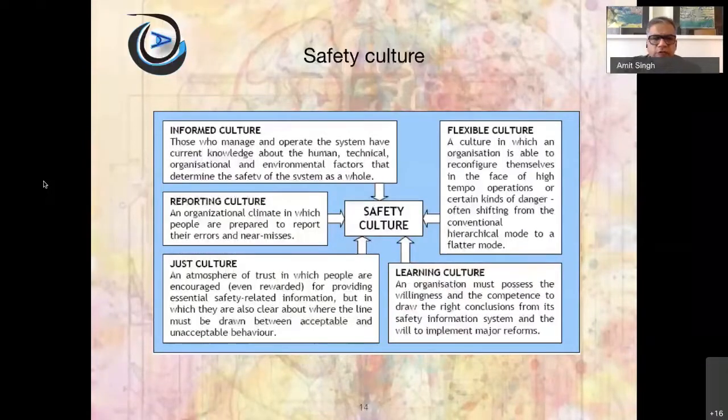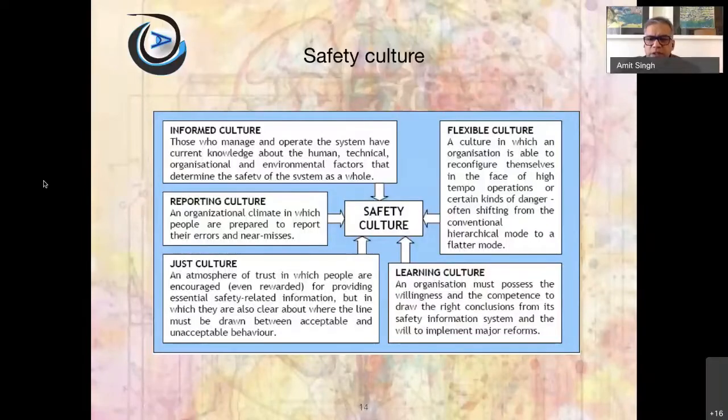Next, you have the informed culture, wherein people who manage and operate have knowledge about the human, technical, and organizational factors. Flexible culture, you're willing to learn and be flexible. If you see something different, you're willing to change your SOPs. So that is a flexible culture wherein everybody is taking part and feels responsible.